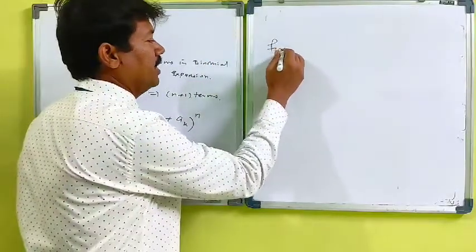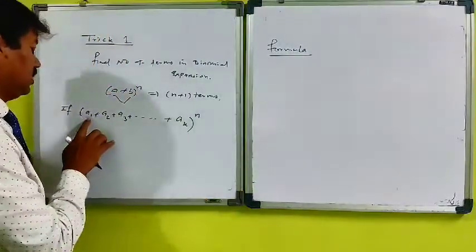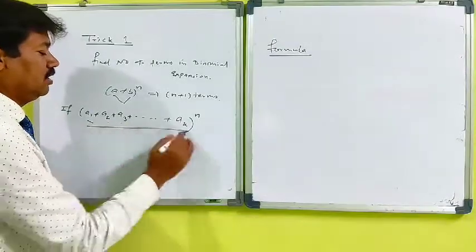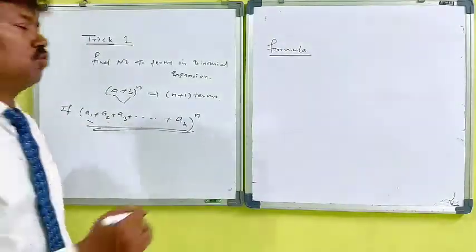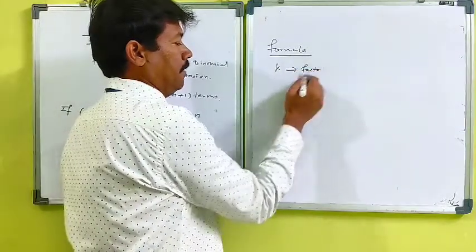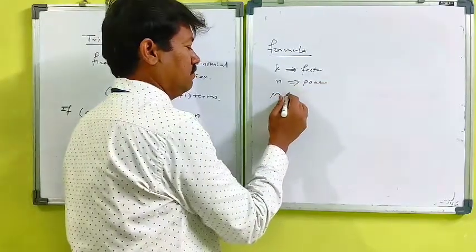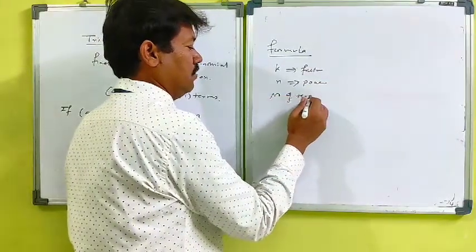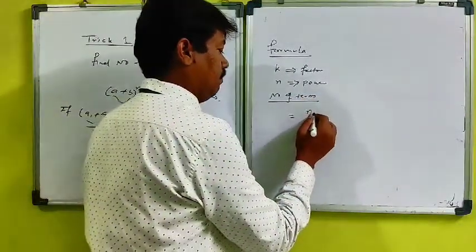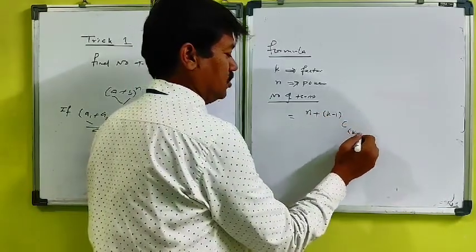There are a total of k factors in the bracket, and n is the power. So the number of terms is always given by n plus k minus 1 C k minus 1.